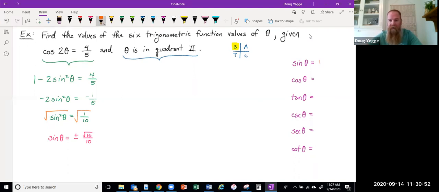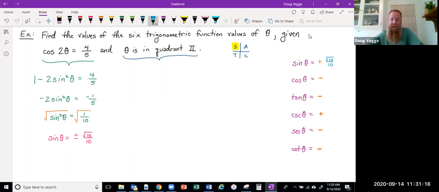So I know that sine is positive, which implies that cosine will be negative, tangent will be negative, secant will be negative, cotangent will be negative, while sine and cosecant are going to be the only positive results. So sine of theta is positive root 10 over 10.